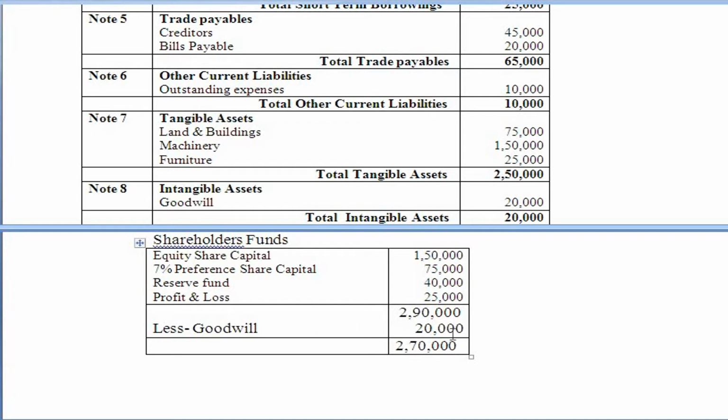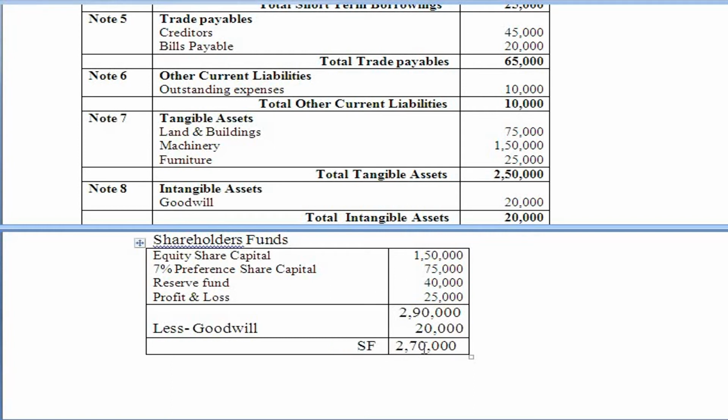In the problem only goodwill amount is there, so therefore shareholders fund is how much? 2,90,000 minus 20,000. So total is 2,70,000. I hope you understood calculation of shareholders fund.